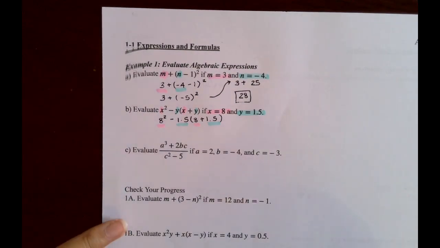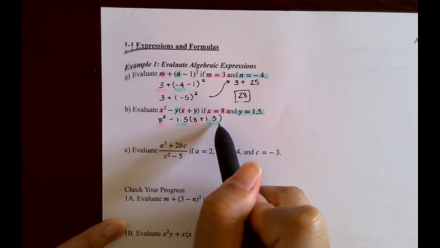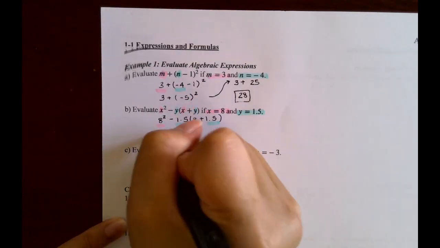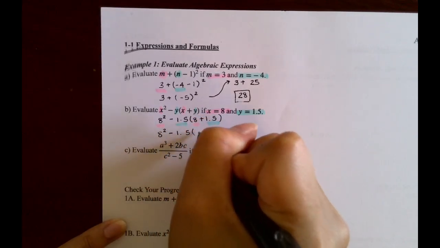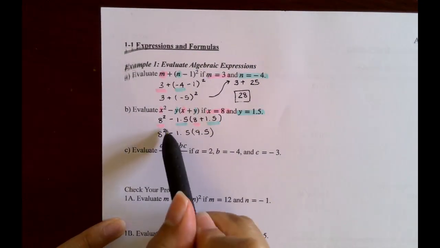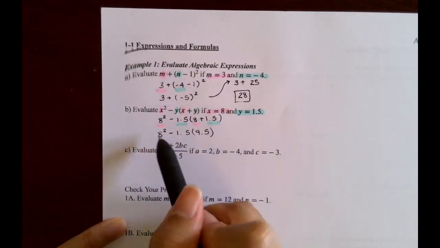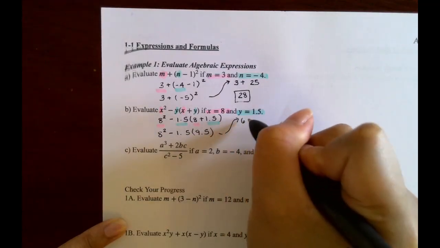First thing, order of operations: we're going to go with parentheses or grouping first. So 8 plus 1.5 is 9.5. Then exponents come before multiplication. So 8 squared is 8 times 8, which is 64.